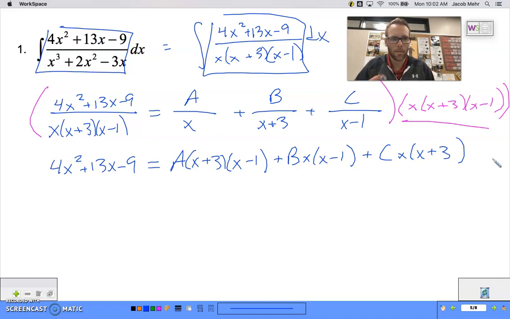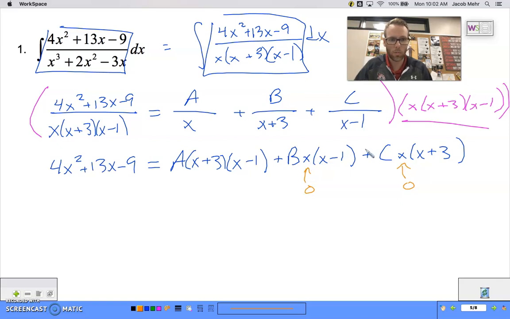Now, there are a couple of techniques that we're going to use, but the first one I want to use is a little trick to simplify things quite a bit. Here's what I notice. I notice that this term and that term both have an x in there. And what happens if that x were a 0?